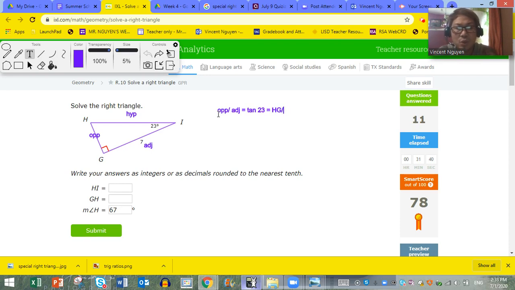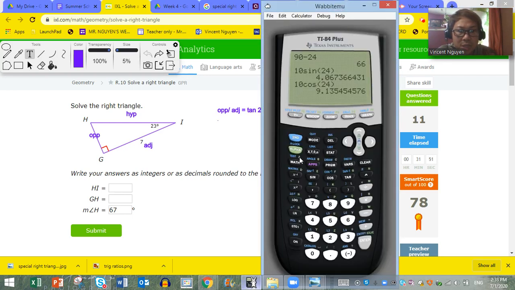To solve, I would cross multiply: tangent of 23 times 7. So on your calculator, do tangent of 23, close the parentheses, times 7. Or you could put the 7 in front so you don't have to worry about the multiplication sign.